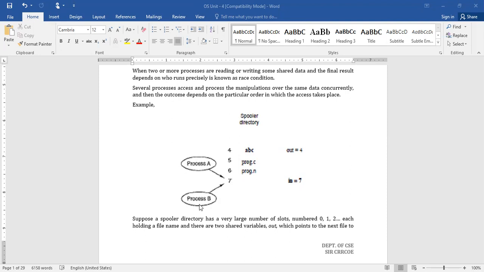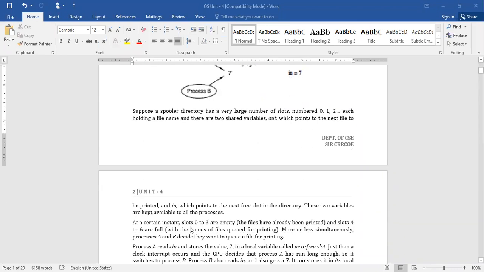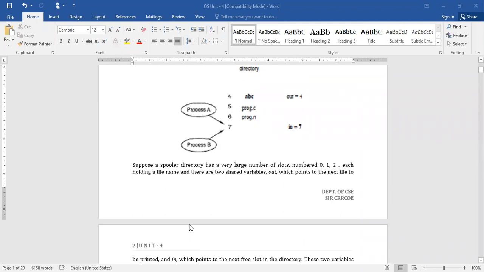Now let us discuss the problem: what happens when a shared variable is shared among multiple processes. Here process A and process B are the two different processes. Let us assume that process A is currently being executed by the CPU.